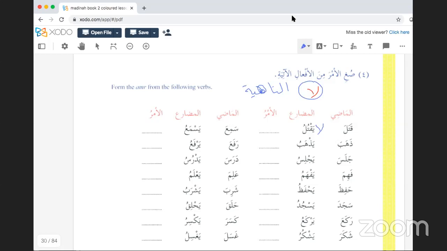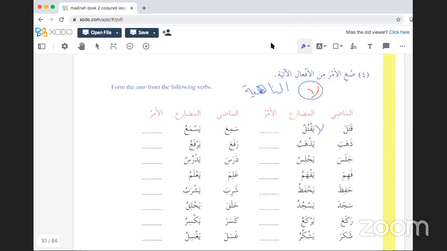The reason why you need this version of the verb is because fi'l amr اذهب, who is the fa'il? مخاطب أنت. Is تقدير is ضمير مستتر تقديره أنت. So when you're talking to the person in front of you, second person, which is مخاطب, in فعل مضارع, you will say تقتل تذهب تجلس تفهم.